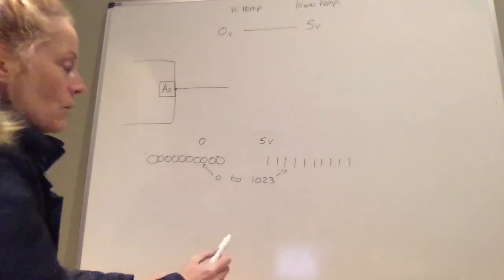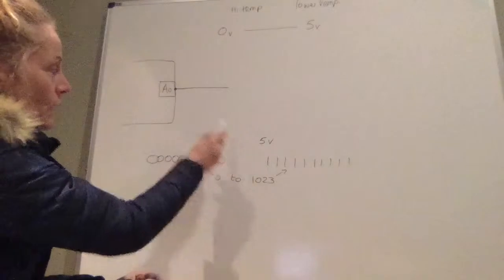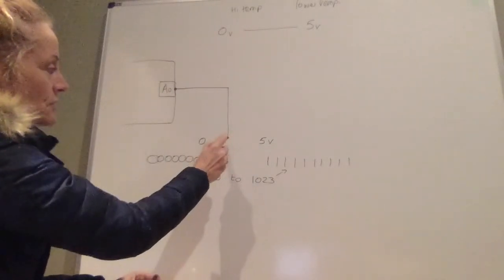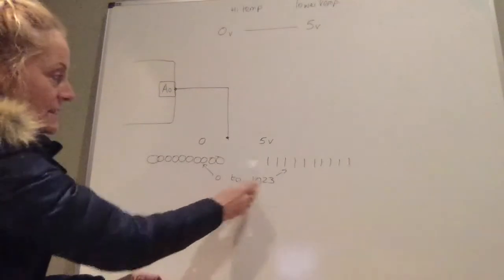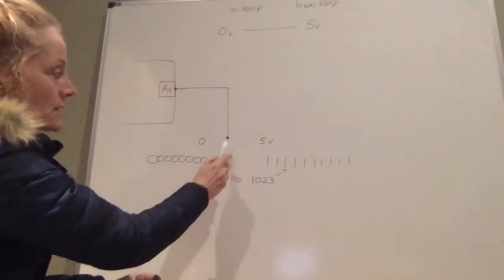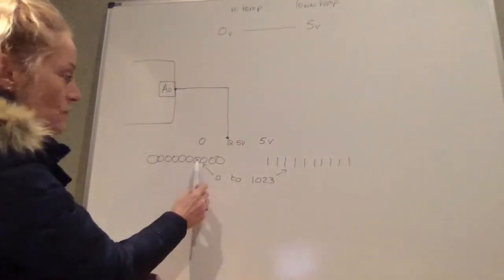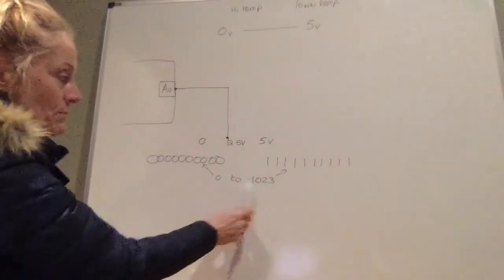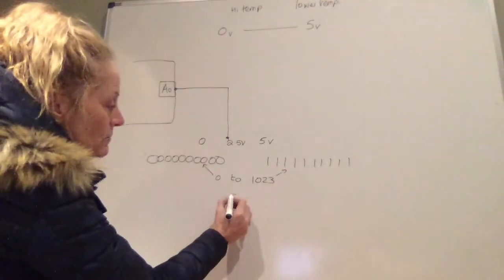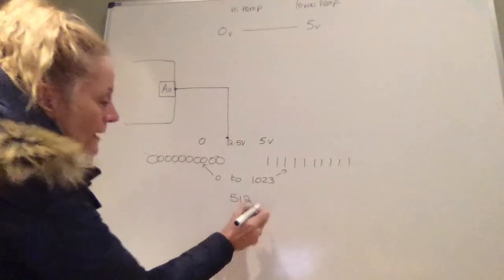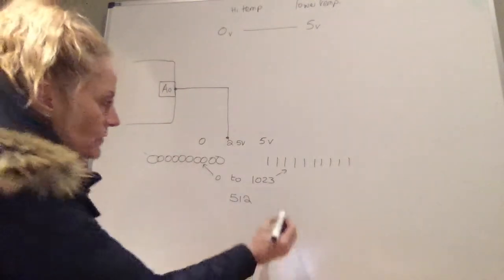So what we have to do in our program is, because when the Arduino reads this voltage, it's going to immediately turn the voltage into a number related to the voltage. Okay, so for example, if it was reading 2.5 volts, the Arduino would read the number halfway between 0 and 1023. So we'll say it would read the number 512. Okay, and the number 512, ooh, I should have thought about that.